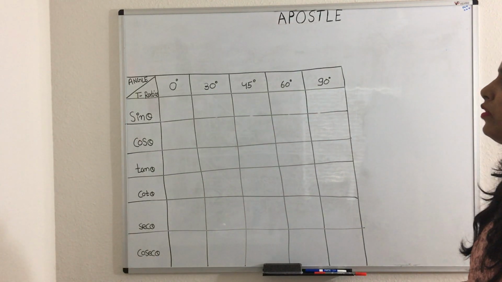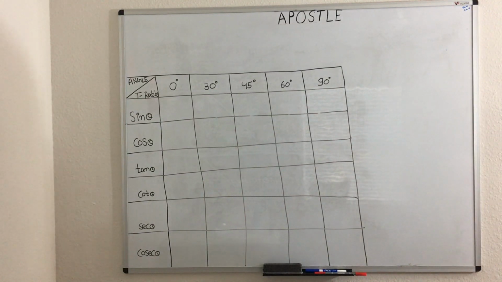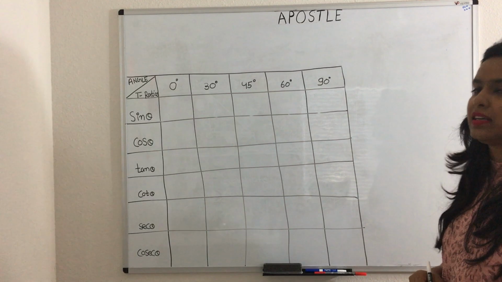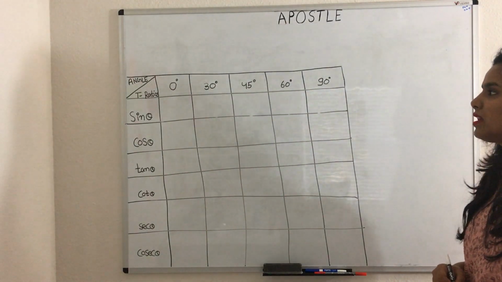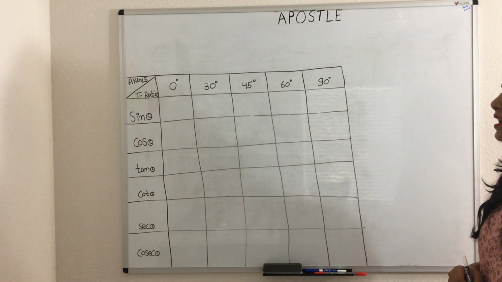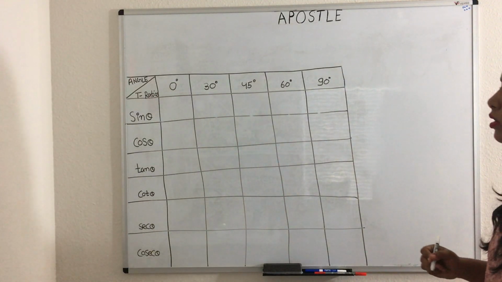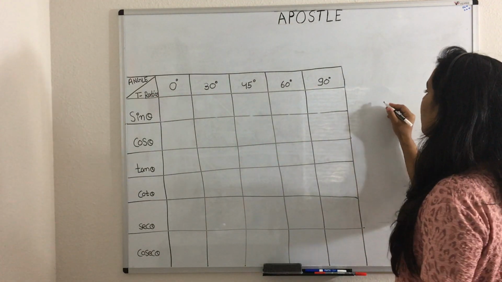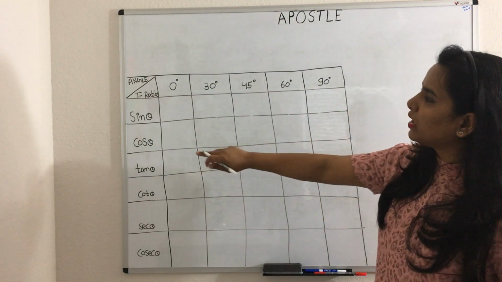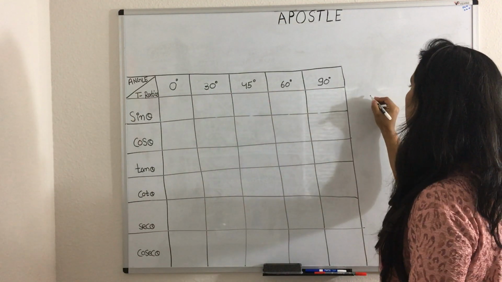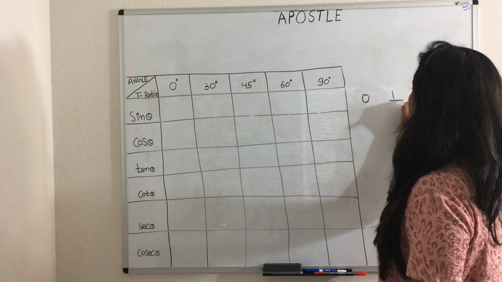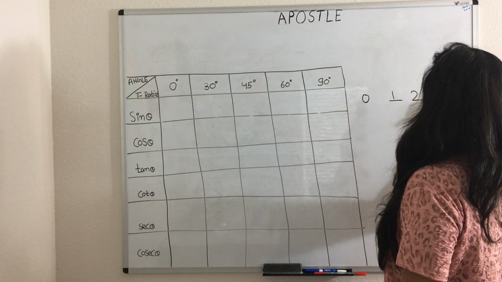First of all, we are going to find out the values of sine 0 degree, sine 30 degree, sine 45 degree, sine 60 degree and sine 90 degree by using a short trick. This trick is really very important. We start with 0 degree, so I am going to write 0, 1, 2, 3 and 4.